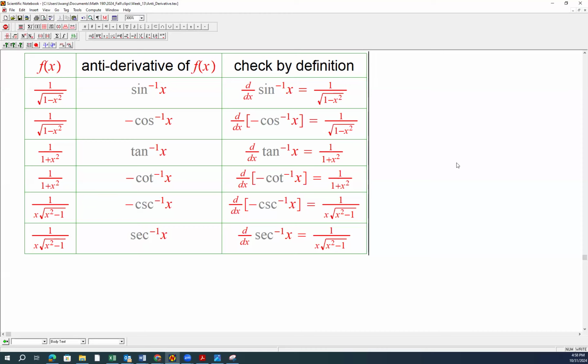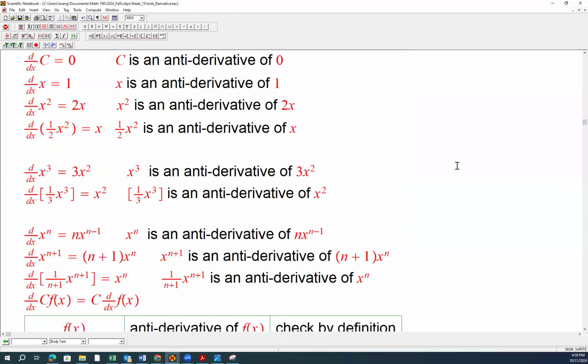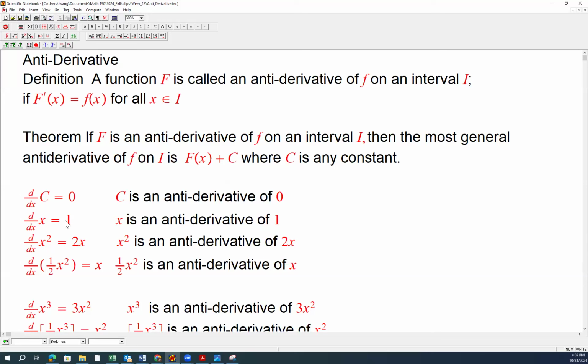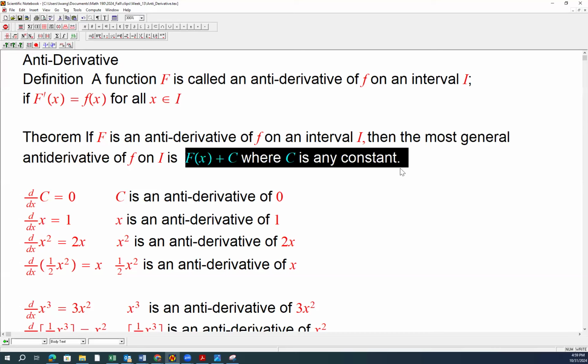Now, remember we had a theorem at the beginning, didn't we? It says if capital F is an antiderivative of lowercase f on an interval I, then the most general antiderivative of f on I would be F plus a constant, and the constant is any constant.